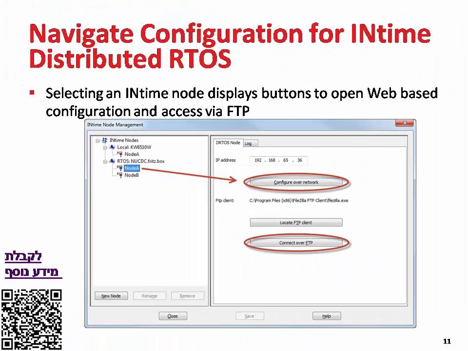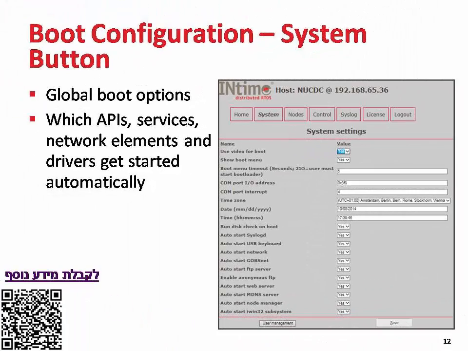The Eantime nodes either can be configured interactively using the web-based interface or you can directly transfer tested configuration files to the host using FTP. Each node can be configured individually to match the requirements of the application running on the node. Eantime nodes run identical binaries, no matter if they are used in an Eantime for Windows or Eantime distributed RTOS configuration. In terms of configuration, the two main differences are: Windows interaction only applies to Eantime for Windows configurations.